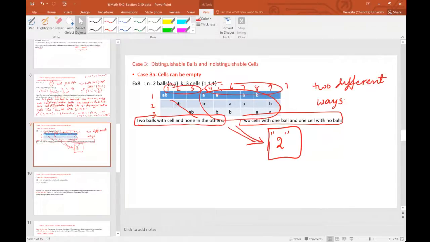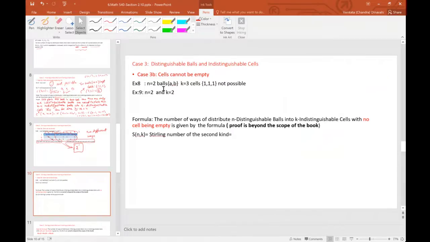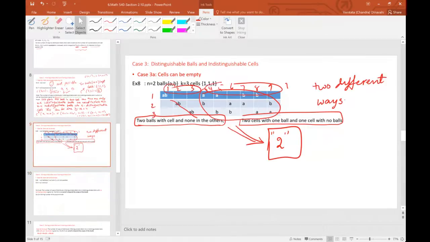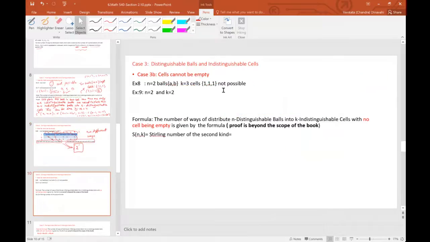Now if I don't want any of the cells to be empty, when n is 2 and k is 3, the exact same as the previous example, that is not possible because there are more cells than balls. So whenever your cells cannot be empty, you always want to make sure the number of balls is at least greater than or equal to the number of cells. When n is 2 and k is 2, there are 2 cells and 2 balls.